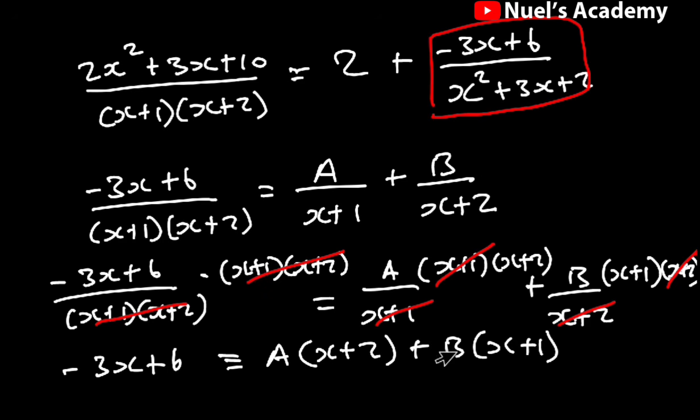So to find the value of a, let's set x to be -1. If x is equal to -1, this b is going to be eliminated because -1 plus 1 is equal to 0.